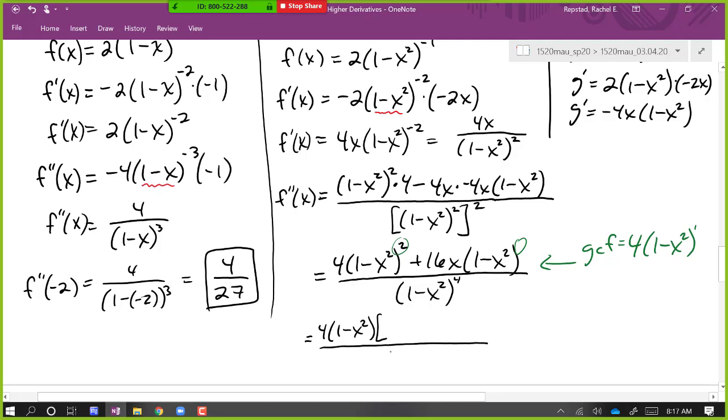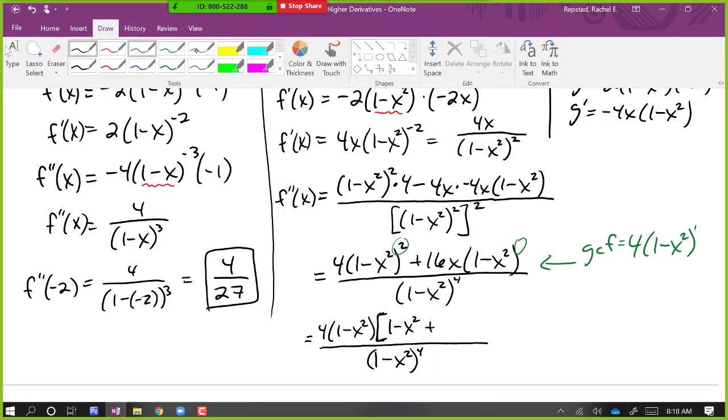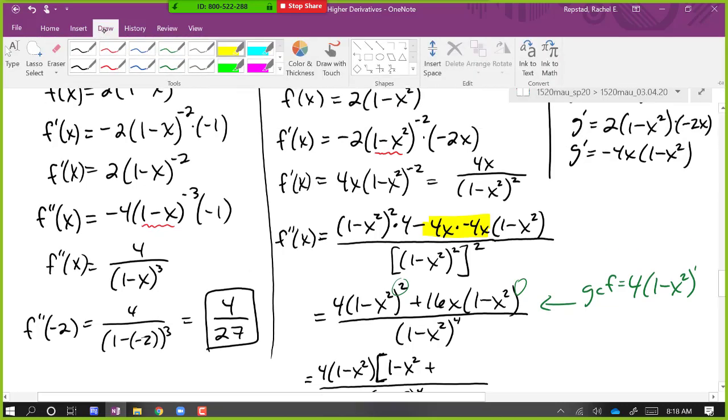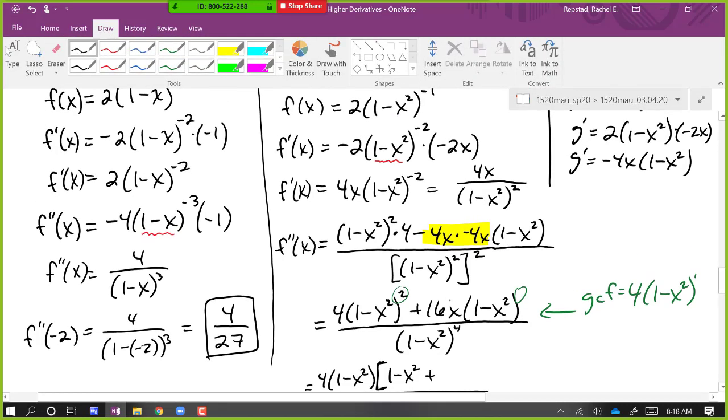And then what do we end up with inside the brackets? 1 minus x squared plus 4x. Yeah, in fact, it'll be a 4x squared, and the reason is I neglected, when I multiplied these here, to put the square on this.